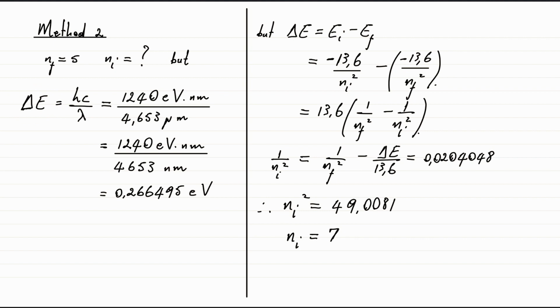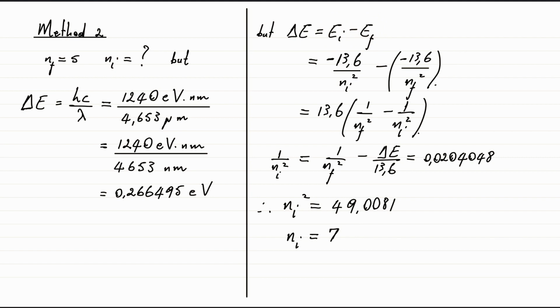Now, it is important to realize that when it comes to hydrogen, and you can review this in your notes, the delta E here is a bit of a misnomer, or a bit confusing. When we say delta here, we don't mean final minus initial. In the context of hydrogen, or typically with transitions, it has to do with initial and final.